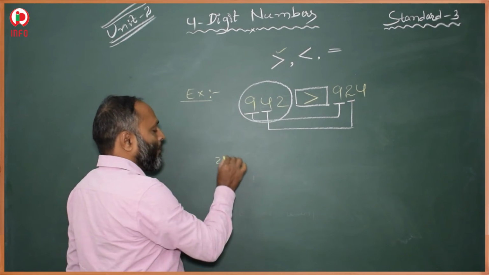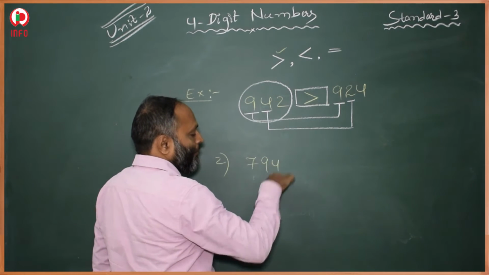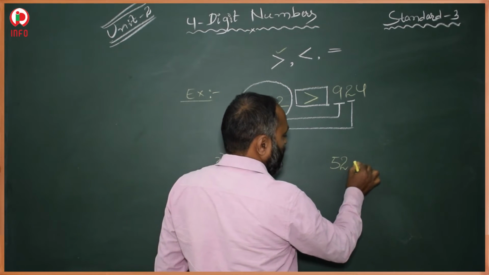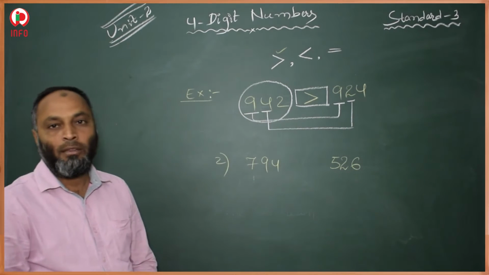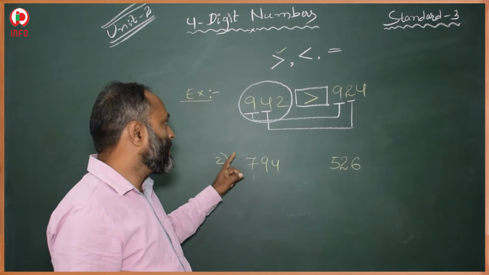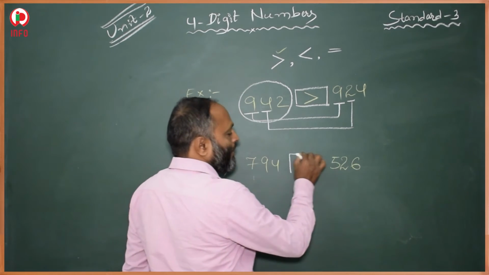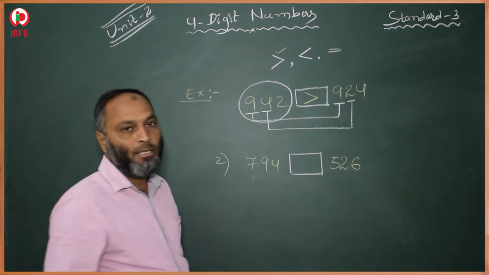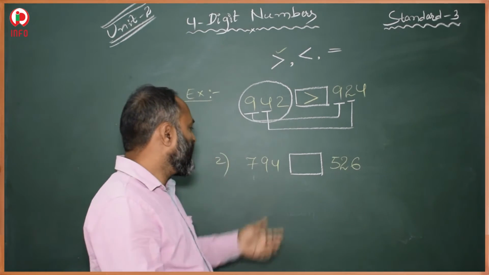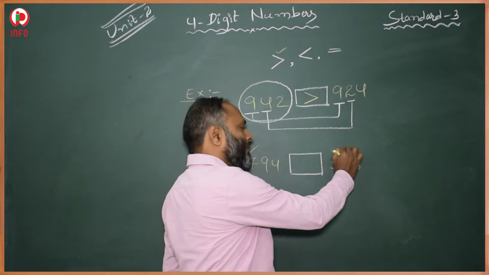Then in the second example, 794 and 526. These are also our 3-digit numbers. How to compare? We start from the first, the hundreds place. Here the hundreds place is 7, and here the hundreds place is 5.